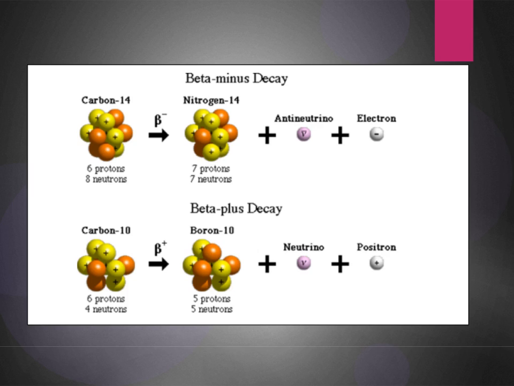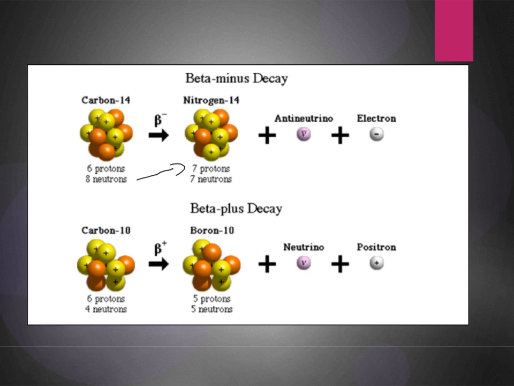This diagram shows us both beta minus and beta plus decay. In beta minus, we have our carbon-14 becoming nitrogen-14, with one of the neutrons becoming a proton, releasing an antineutrino, and importantly, our high energy electron, our beta minus particle.